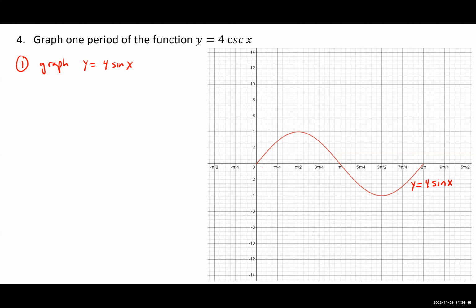And now, wherever the sine function has an x-intercept, the cosecant function will have a vertical asymptote. So we'll graph the sine function first, and then we'll put in those vertical asymptotes.